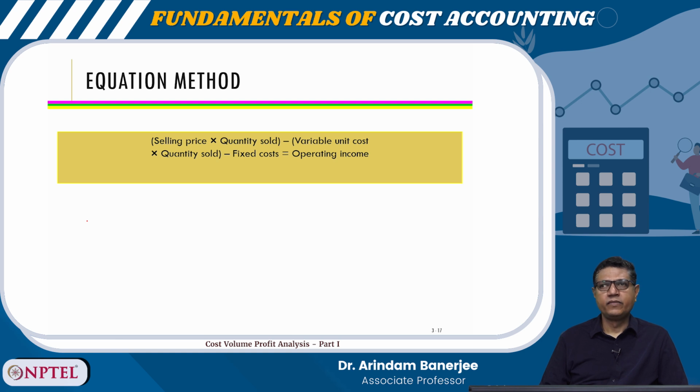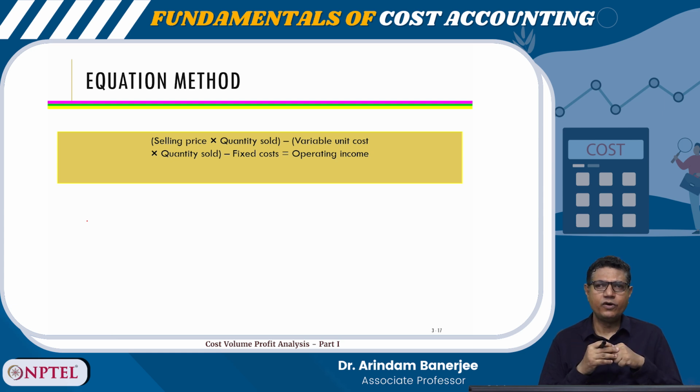Now, you see the selling price is usually expressed in per unit terms, right. The variable cost is expressed in per unit terms, with the variable cost per unit, but the fixed cost comes in totality, right. Like I gave the example, say factory lease. Factory lease comes as a lump sum. Whatever be the number of products the company produces in the factory, the lease comes as a lump sum.